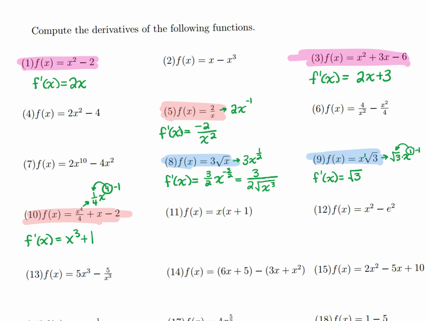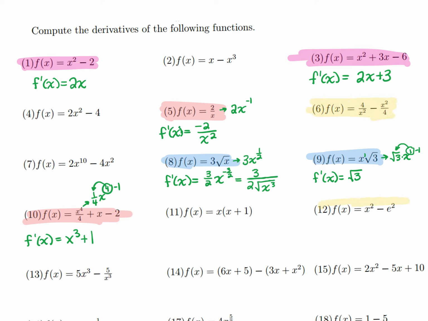Okay, a couple more I'm going to have you try here. Just to mix it up a little bit, let's do number 6. Sorry about that, meant to highlight. There we go. This one, number 6.